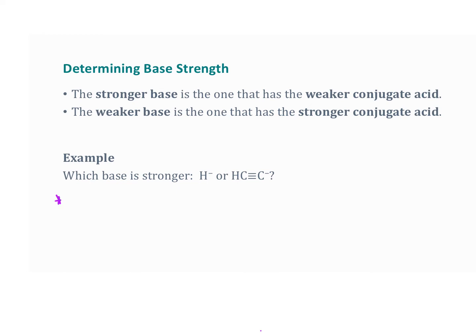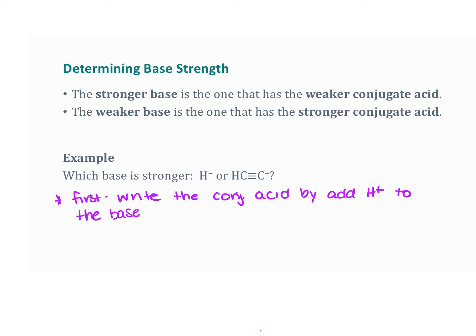Your first step here is to write the conjugate acid by adding an H plus to the base. And the bases are given here for you. So H minus, when we add an H plus, is going to become H2.